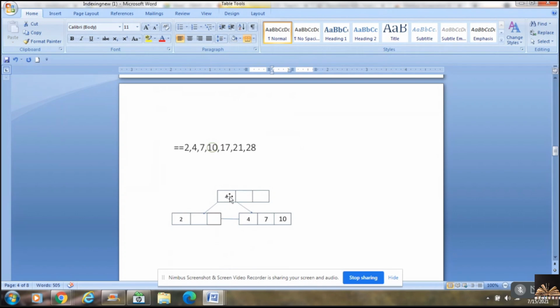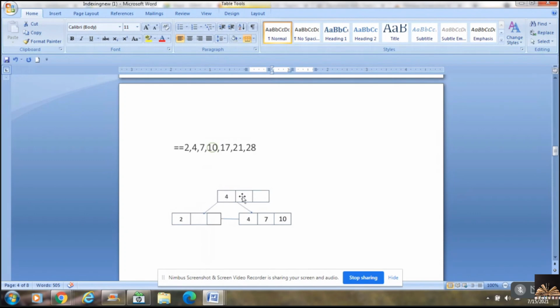Whenever I was talking about the introduction of B plus tree, I told you the elements which are smaller than the root node would be towards the left of the node. So towards the left of 4, I have a value 2. That is the reason I have put 2 over here. And the elements which are greater than or equal to the root node, the root over here is 4.